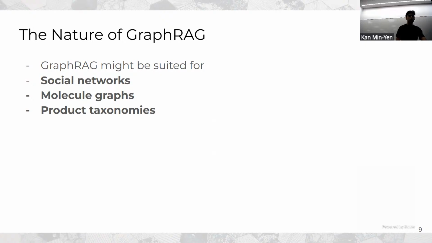Molecules can be represented as graphs, and it might be very useful to traverse the things that make up that molecule in that way, as well as product taxonomies. Basically, this refers to having 1,000 layers of menus on an Amazon website. If you want to talk about how websites are structured, that could be a product taxonomy.